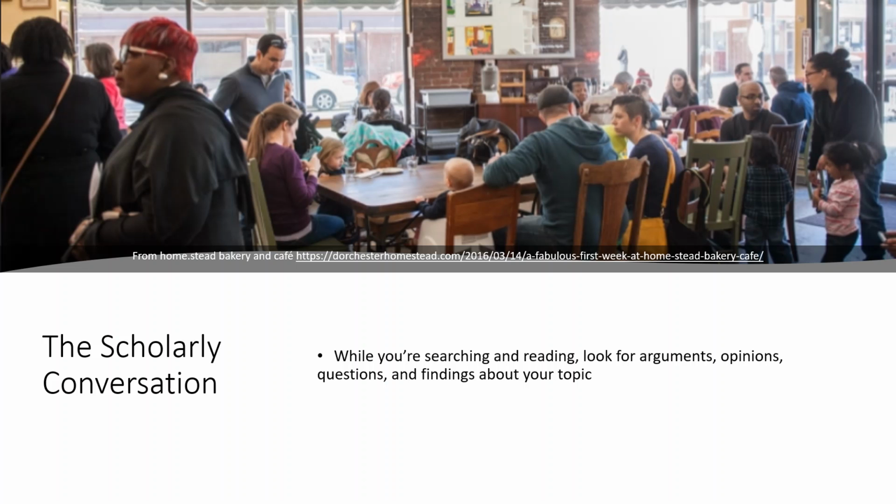And they may have interesting perspectives on the effectiveness, the application, and the effects of your policy. So the scholarly conversation is something that has been going on from the genesis of your concept, the broken windows theory, or community policing, and has carried on through time and evolved over time. And your job is to find the arguments and opinions and controversies within that.